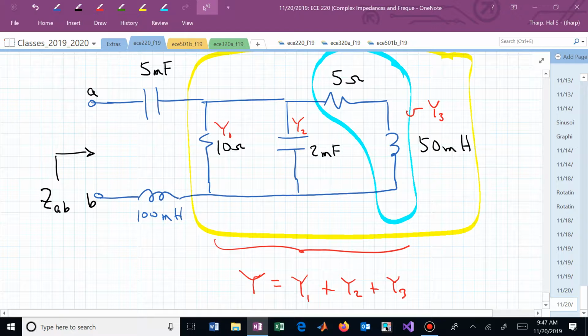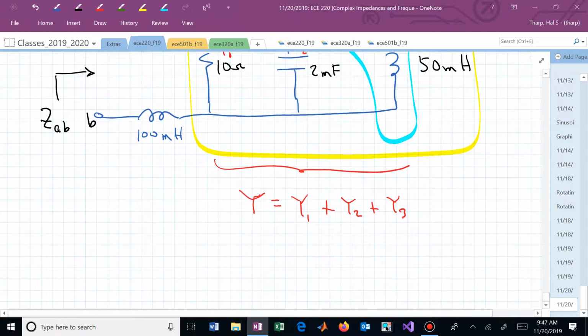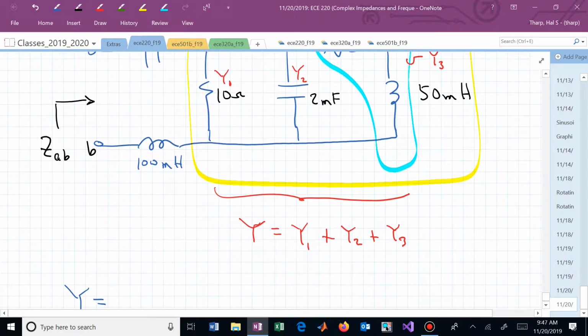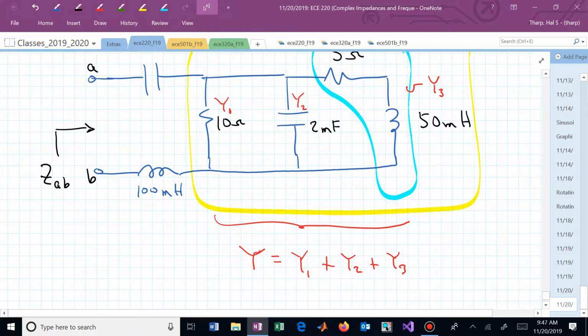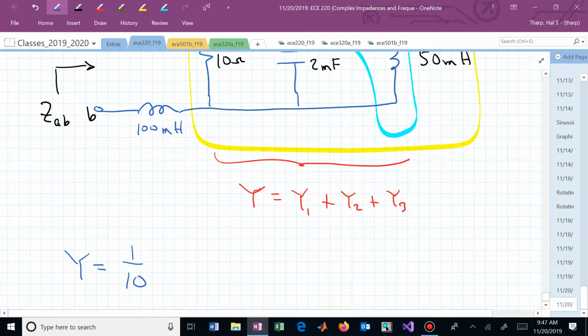First, let's find the admittances. Now, Y sub 1 is what value? If that's an admittance, that's the reciprocal of the impedance. What's the impedance of a 10 ohm resistor? The impedance of a resistor is the resistor.